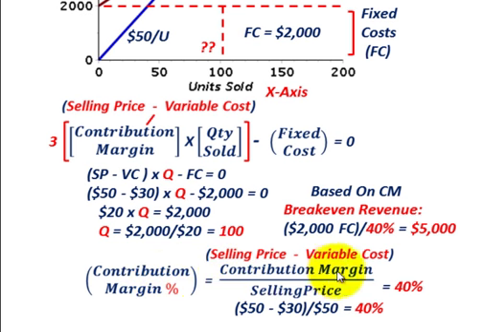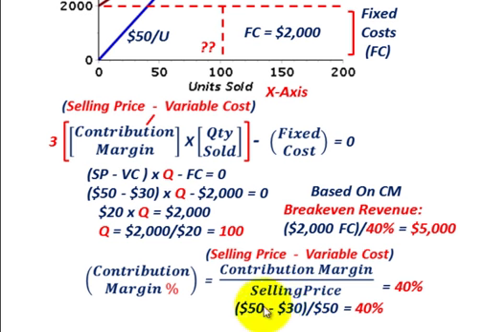So for our contribution margin, this is the equation we use. We take our contribution margin divided by the selling price to determine the contribution margin percentage. So contribution margin, again, was our selling price minus our variable cost. And dividing all that by our selling price, well, we had a selling price of 50 minus our variable cost 30.